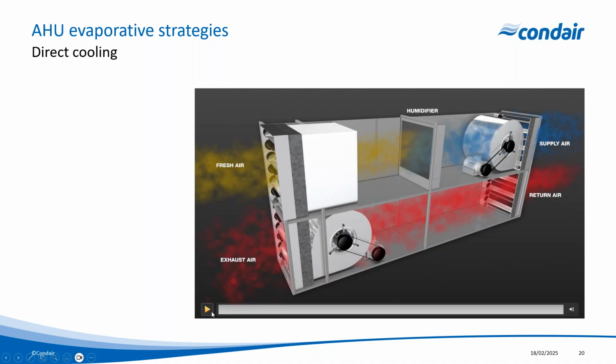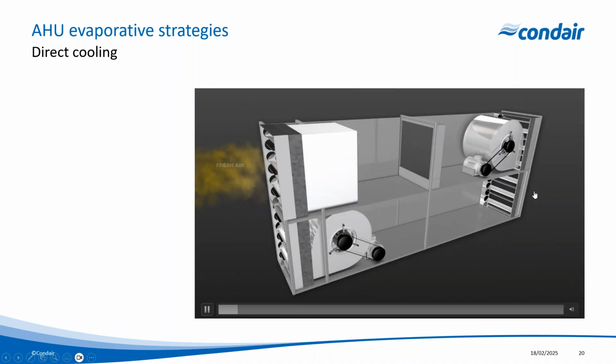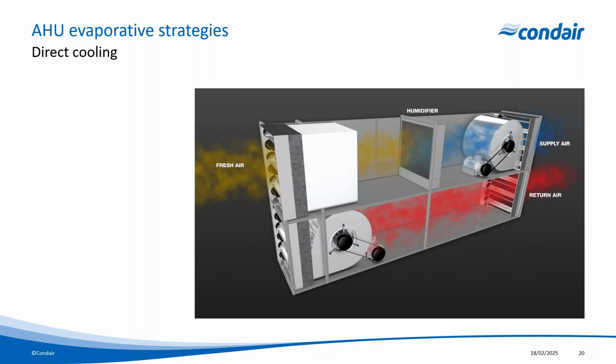On the other side, we've got return air coming back from the space, and that's simply being exhausted out. So the key here for direct evaporative cooling is that we're treating the air, we're dropping the dry bulb temperature, but we're also increasing the relative humidity, and that air is being supplied directly to the space.